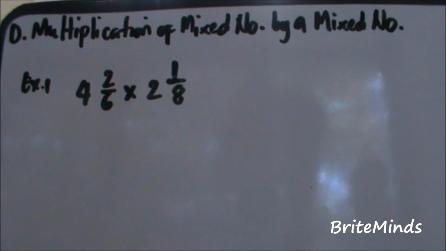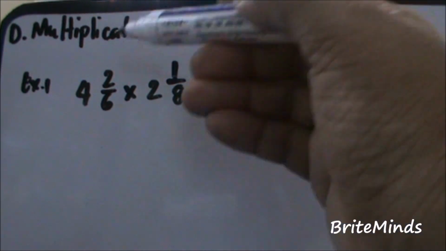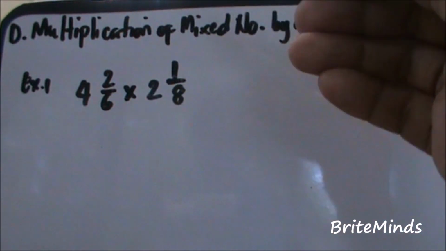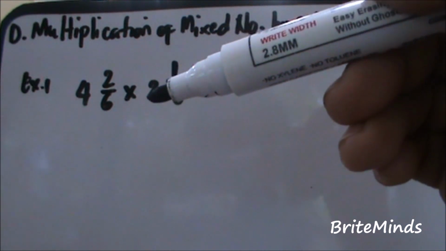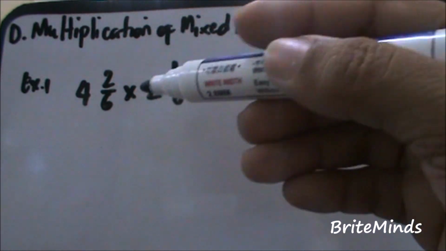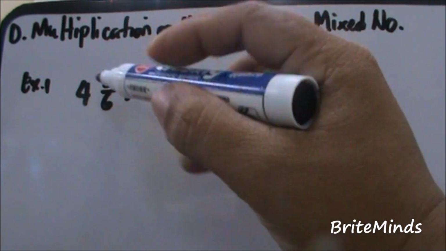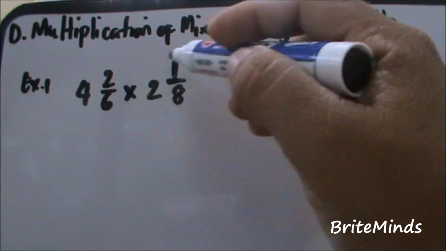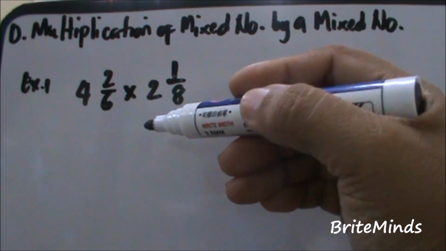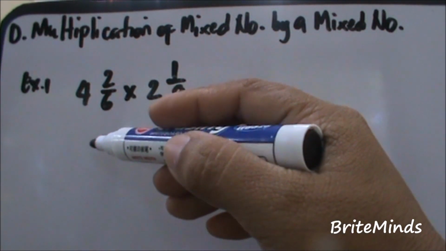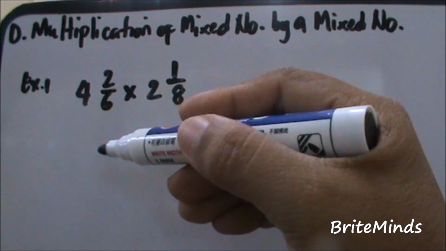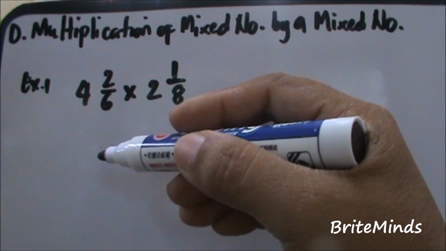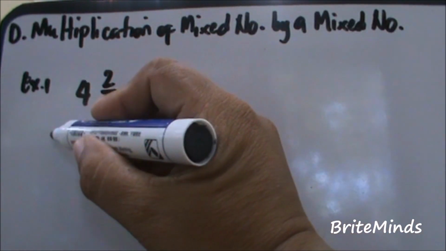Multiplication of a mixed number by a mixed number. To multiply a mixed number by a mixed number, first we need to change the mixed numbers into improper fractions and then multiply. Like what we have here in the example, these fractions are mixed numbers. So we need to change these mixed numbers into improper fractions first.